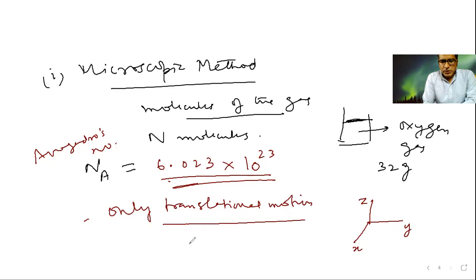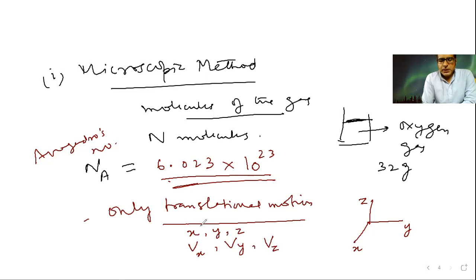That means each molecule will have velocity along x-axis Vx, velocity along y direction Vy, and velocity along z direction Vz. And it will have 3 coordinates, x, y, z. So each molecule possesses 3 position coordinates and 3 velocity coordinates.